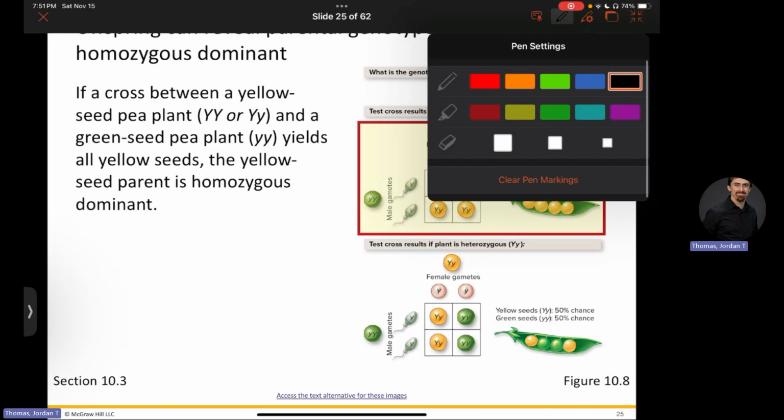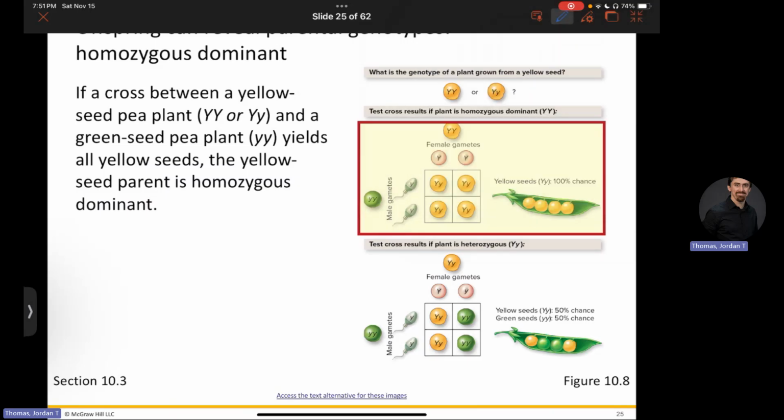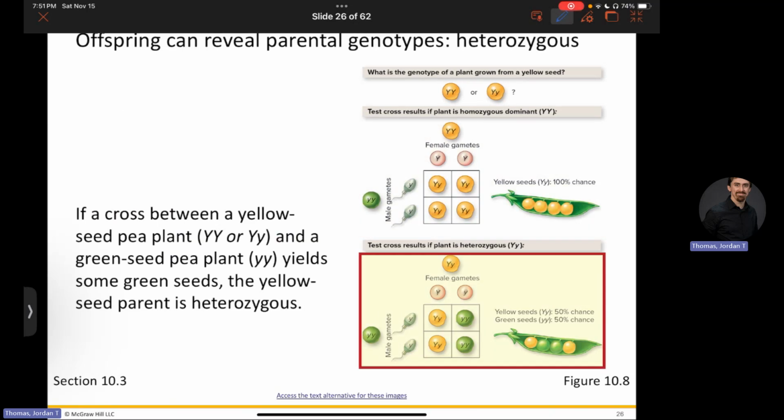So in the example, if all yellow seeds are produced, you have a homozygous dominant plant. That's shown in this example here. We only have big Y, big Y. Big Y is the only thing that can be passed down by that female. So you get all yellow seeds. No chance of green seeds because you don't have the recessive allele from the mom, from the yellow seed.